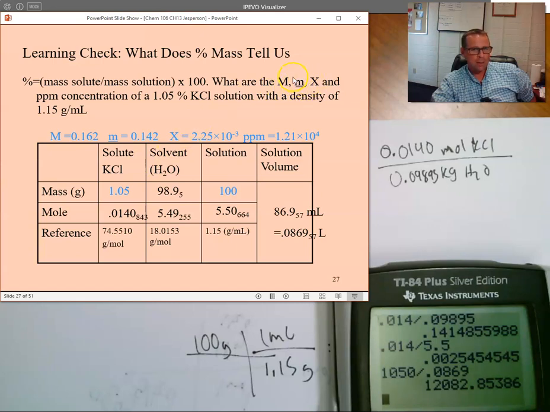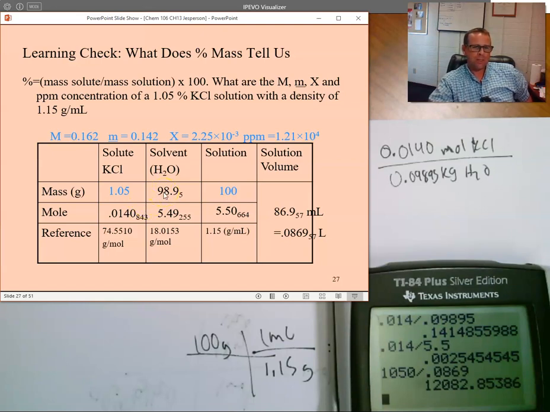So for molality, I need moles of solute and kilograms of solvent. If I knew I needed molality, then I could sit still and look at what it means to be 1.05% KCl and gradually tease out the kilograms of solvent and the moles of solute.